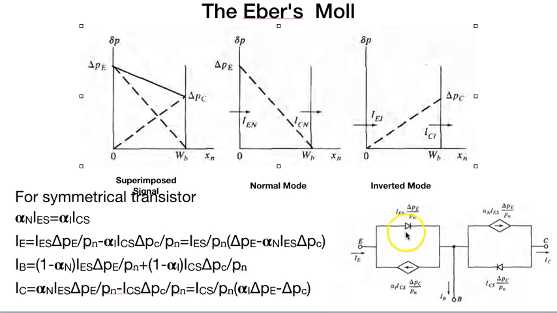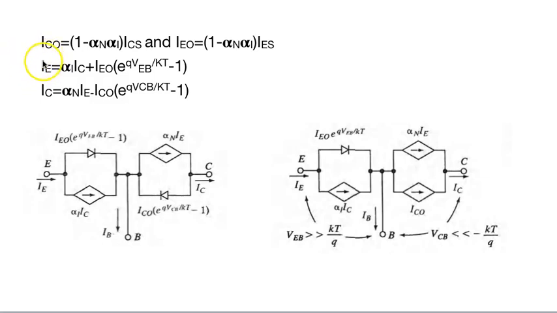Have a look at these equations as they will clear your concept. In this diagram, if you represent IE in the final equations by this formula as a diode and this as a current controlled current source, then this is a representation of a BJT in Ebers-Moll. Similarly, you get IE and IC in the inverted mode and in the normal mode.